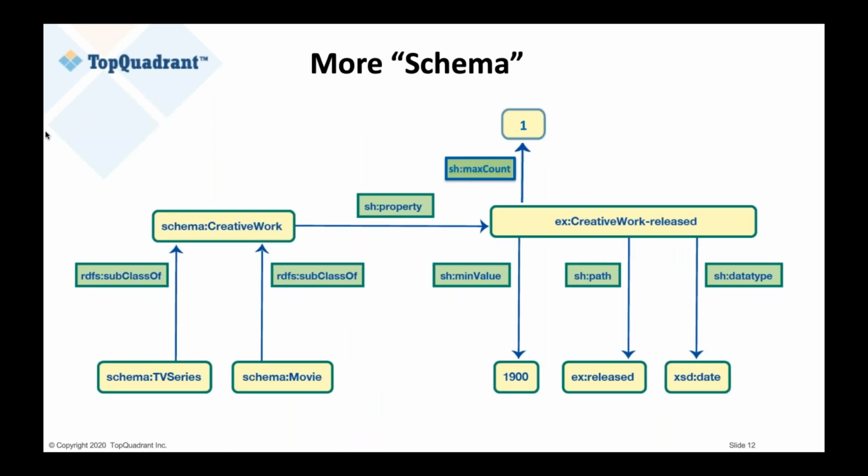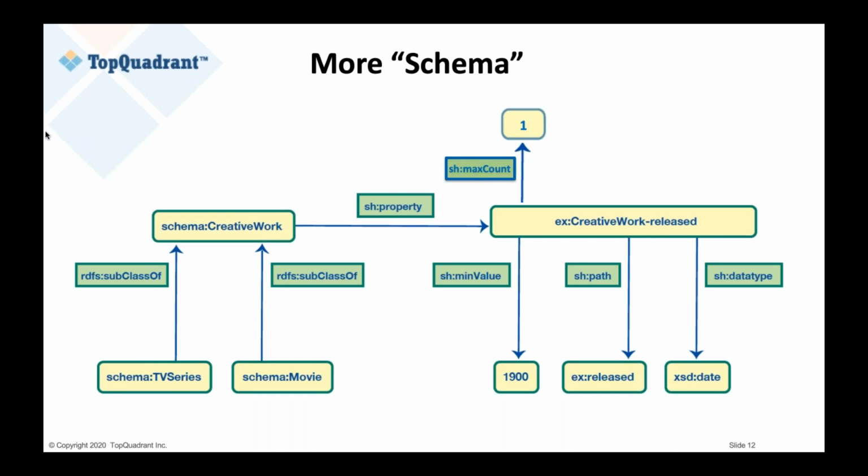So here's more example of the schema. Again, all of it is part of the graph. What we're saying here is that creative work, which is a class, could have a property called released, and that property should be a date. And we cannot have more than one release date.